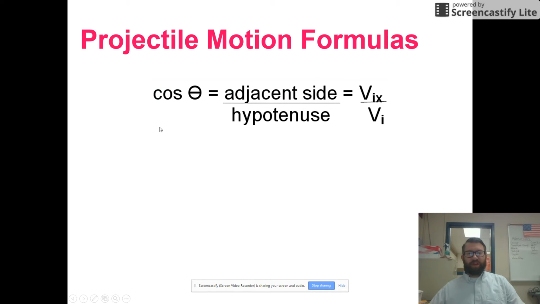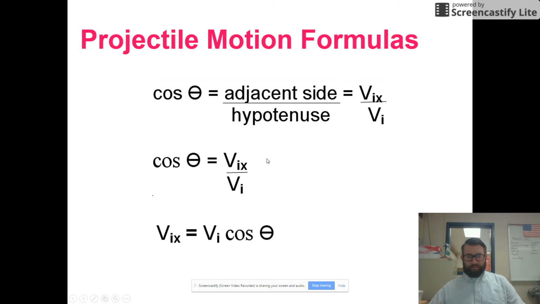So cosine of theta is adjacent over hypotenuse, or VIX over VI. So cosine of theta, again, VIX over VI. Or, written another way, VIX equals VI cosine of theta.